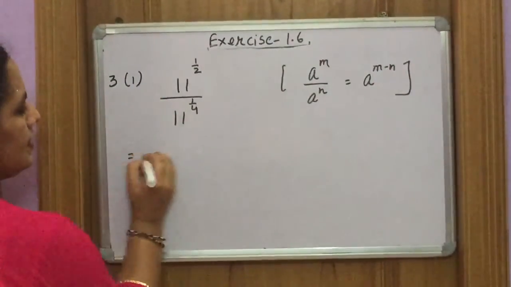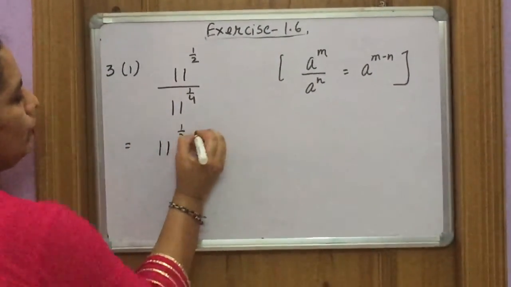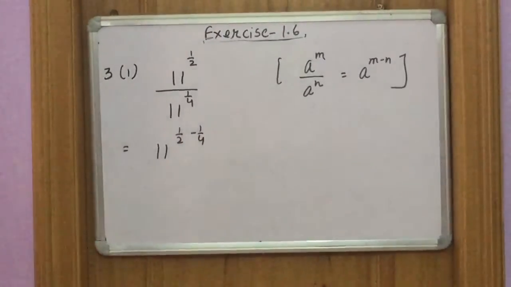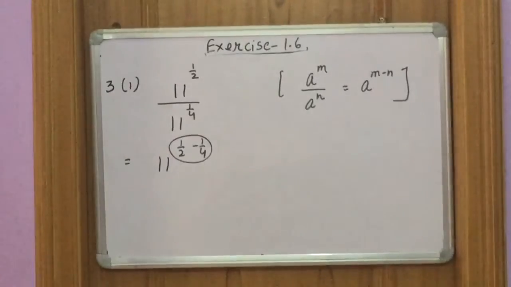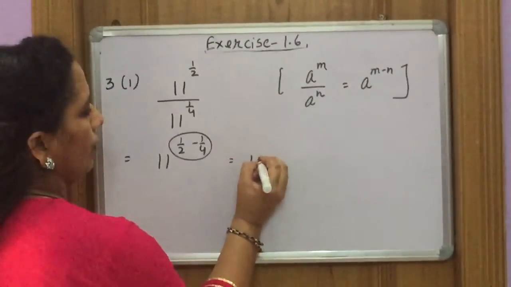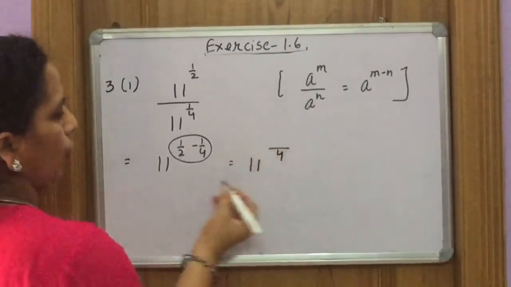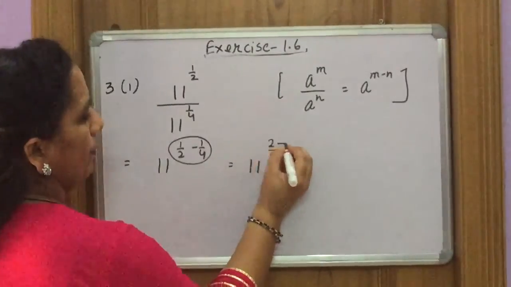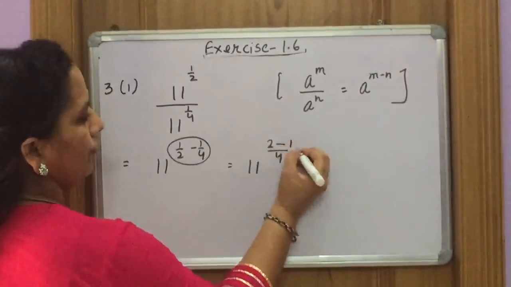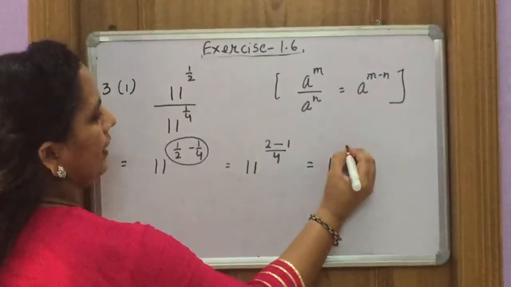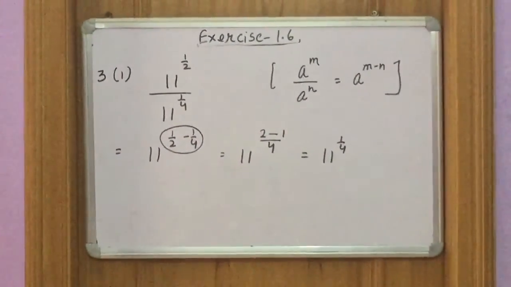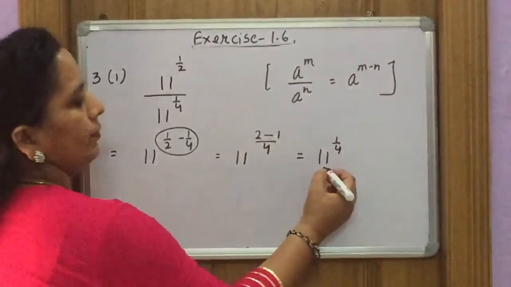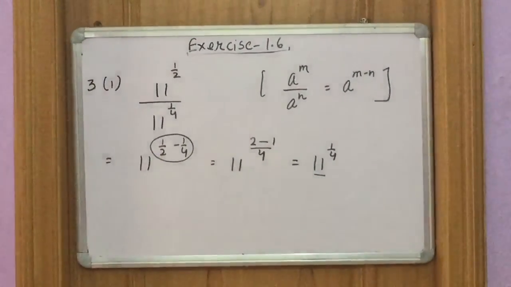So we can write this term as 1 by 2 minus 1 by 4. Again we can take LCM of the power, so we will write it as 4 2s are 2 minus 4 1s are 4, 1 by 4. So final answer is 11 raised to power 1 by 4. After this we can't solve this term, so we'll stop it here.